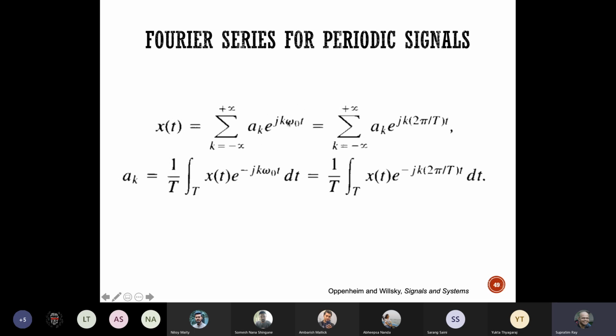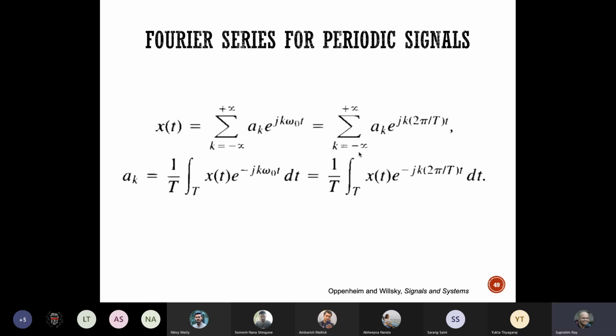Remember, this is just cos k omega t plus j sine k omega t. So I can decompose any periodic signal into an infinitely large number of either complex exponentials or sine and cosine functions, which are multiples of the fundamental frequency of x, like this.